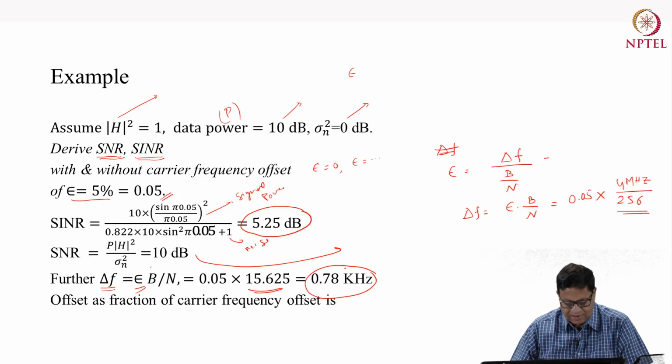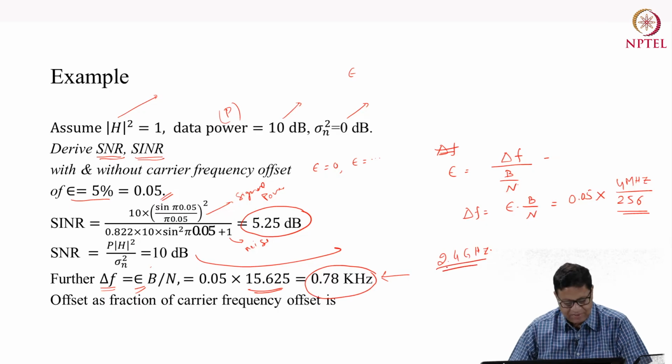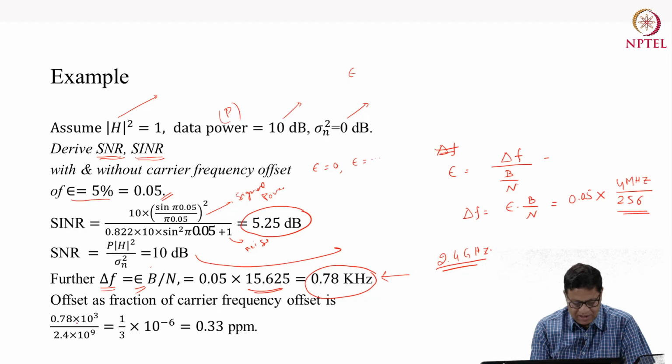And now let us understand this offset as a fraction of carrier frequency, and I am assuming that the OFDM is being transmitted at say 2.4 gigahertz. That's the carrier frequency. So if I see the fraction of carrier frequency offset, it becomes 0.78 kilohertz divided by 2.4 gigahertz.